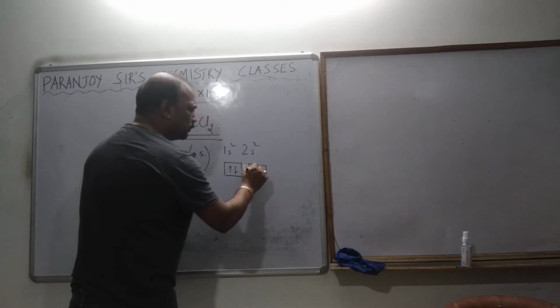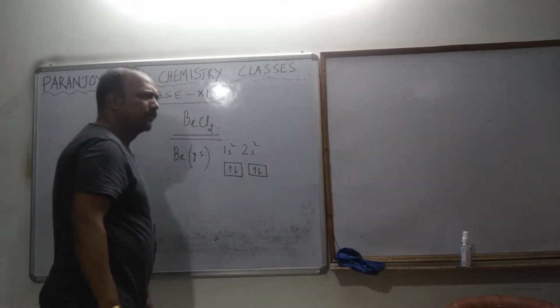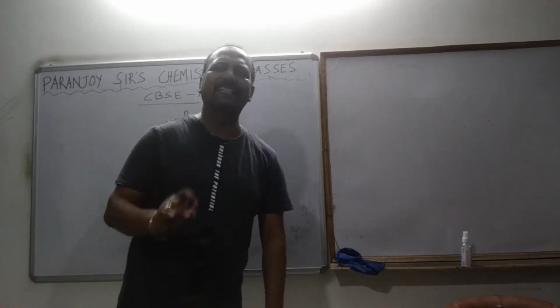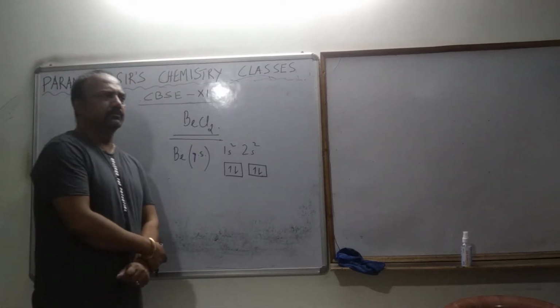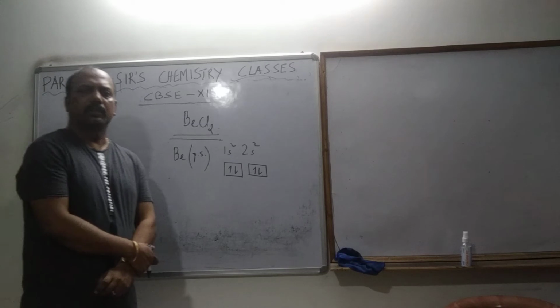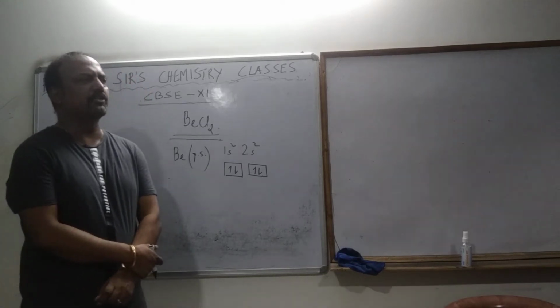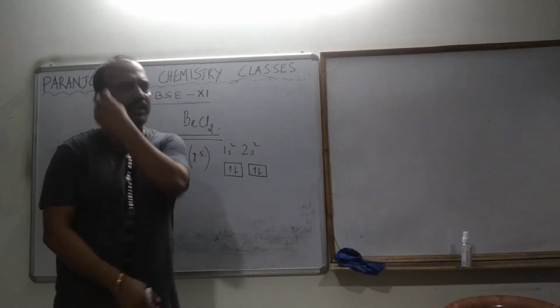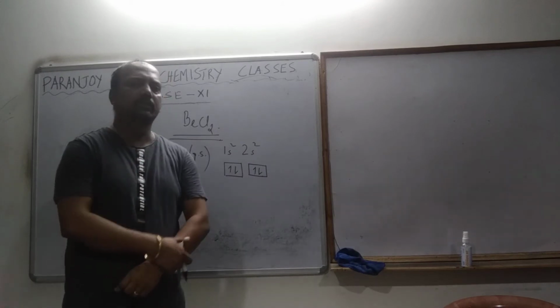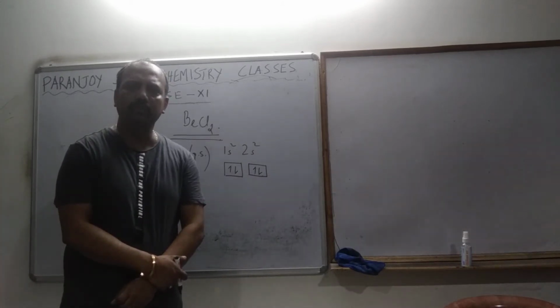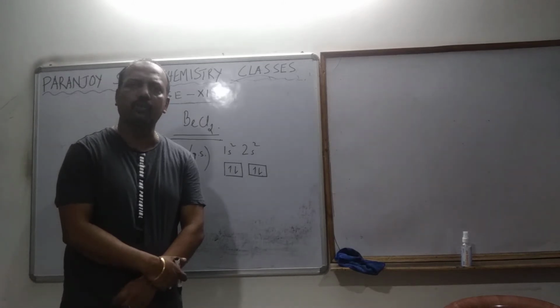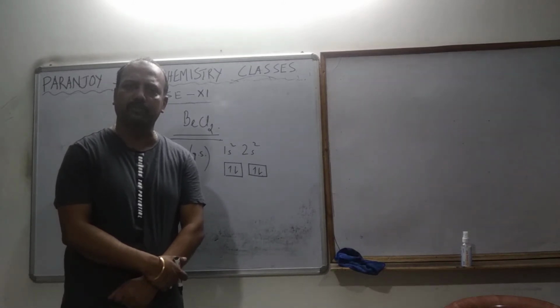2s2. Now tell me, is Be ready to form any bond with this electronic configuration? The answer is no. Why no? Because there is no orbital with unpaired electron.